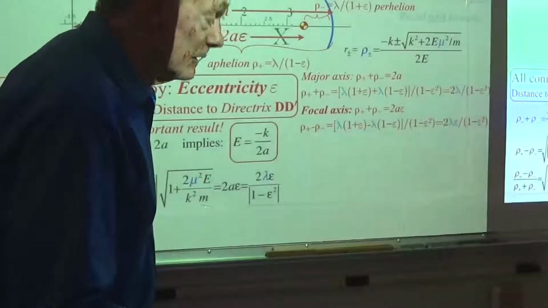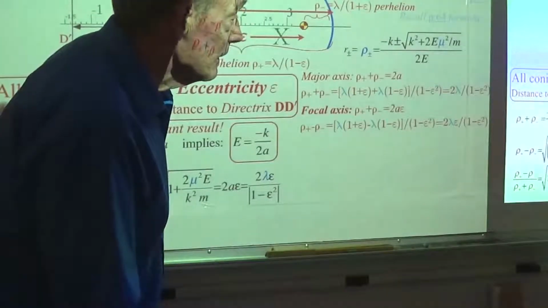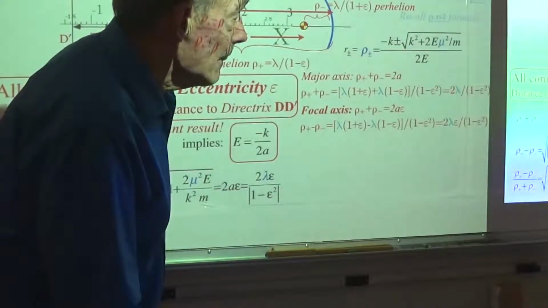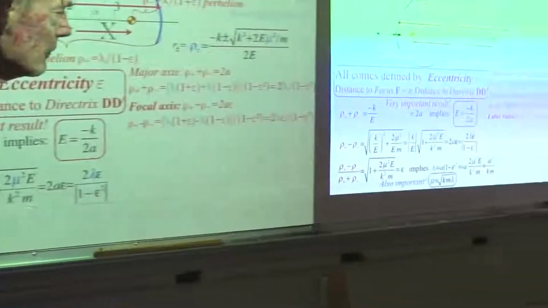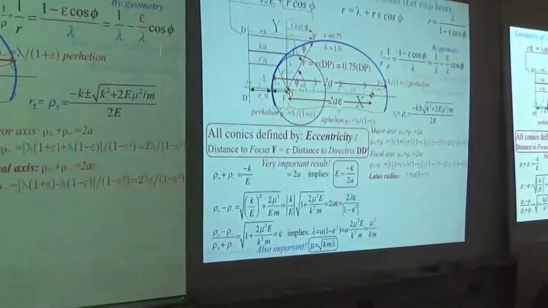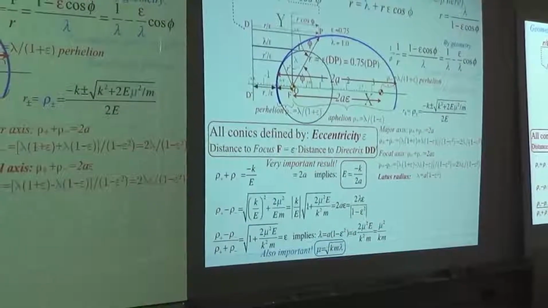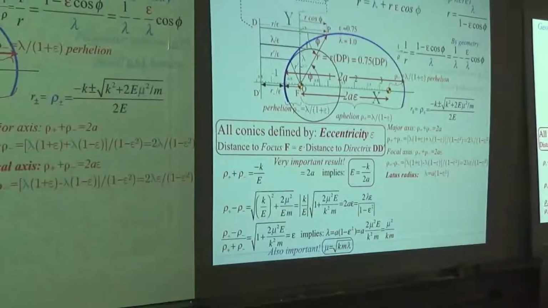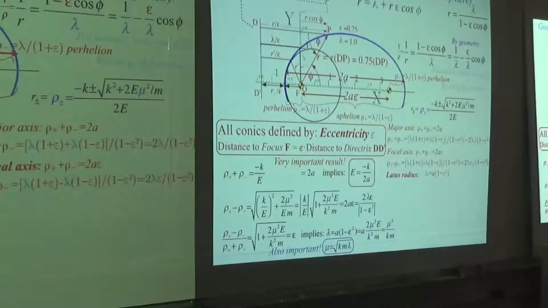It's fairly complicated. It involves the energy with a factor of 2, but it's basically 1 minus epsilon squared. And as I say, this is a relation that gives the total energy.